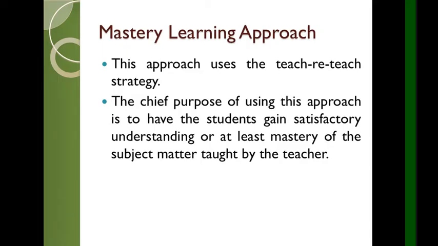In this connection, the teacher sets a performance level of success or PLS, standard level of success, SLS, criterion level of success, CLS, to be attained by the students after he has taught one concept. Such criterion level of success depends on the general average mental ability of each of the members of the class. It could be from 50% for the slow learners up to 90% for the fast learners.